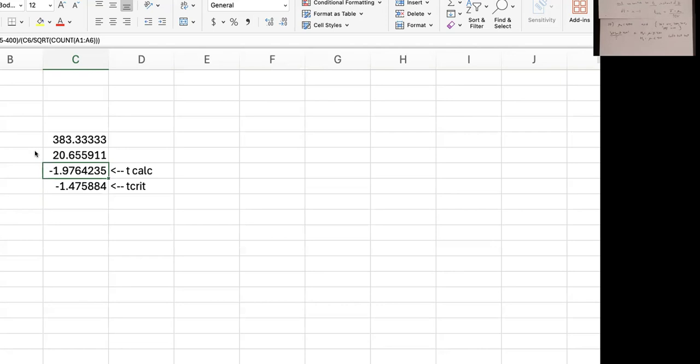So what do I do? Do I accept the manufacturer's claim or do I reject it? Am I in the shaded region or the unshaded region? I'm in, yeah. So now I go back to the picture. I'm down here in this little tiny shaded region.